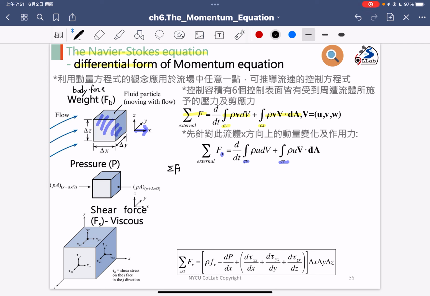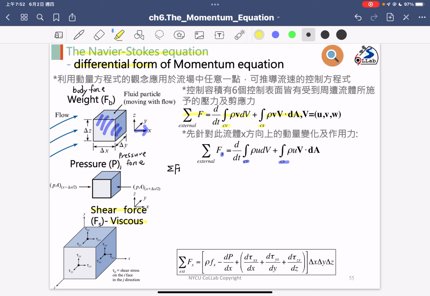And we have an additional force we need to take into account, the pressure force, right? The one significant difference compared with the previous ideas is that in this part we include the viscosity effect. So we will have the viscous force, which is the shear force related to the fluid particle.